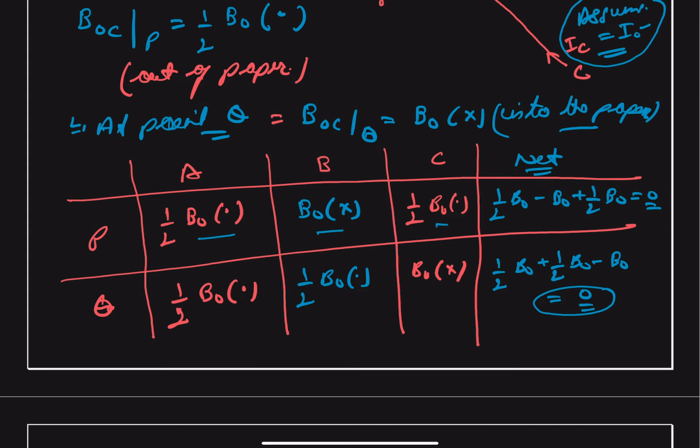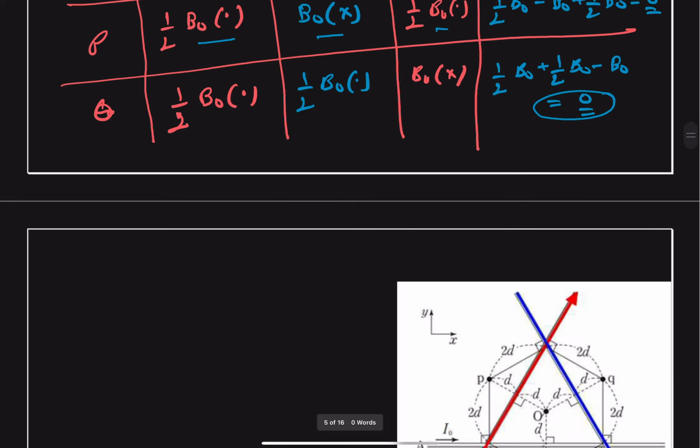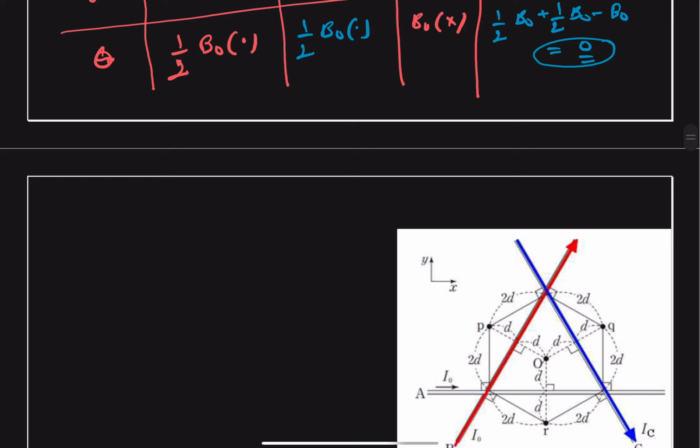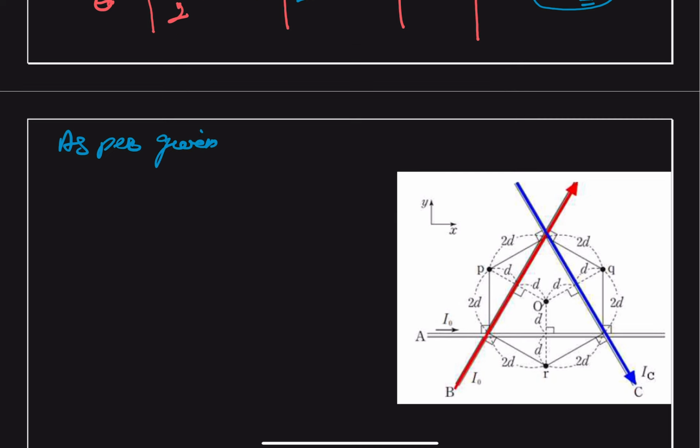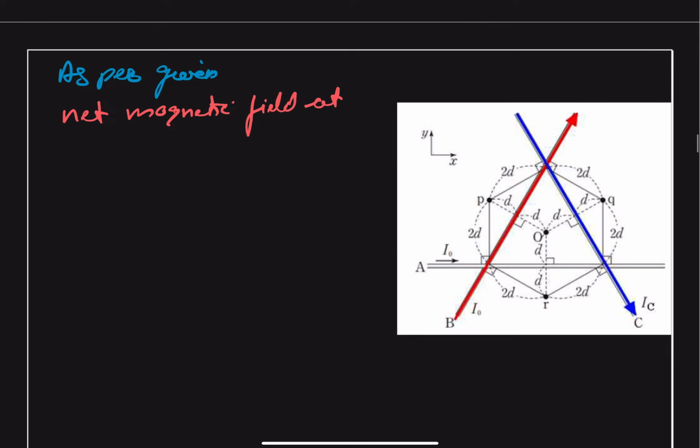So we can say, as per given, the net magnetic field at P should be equal to 0, whereas at Q it should be equal to 3 times B naught, and these two conditions should be true.